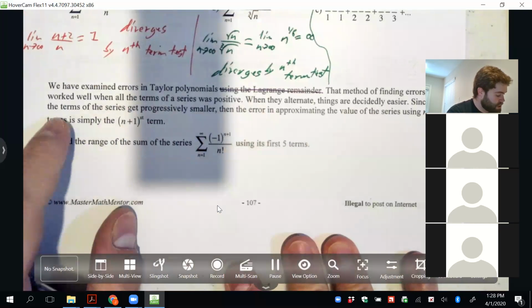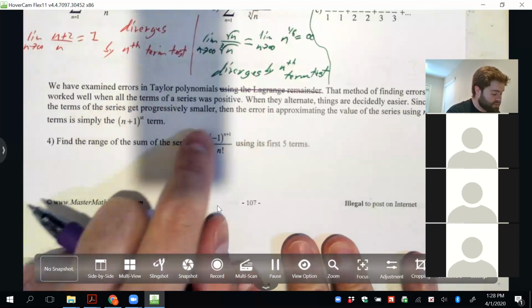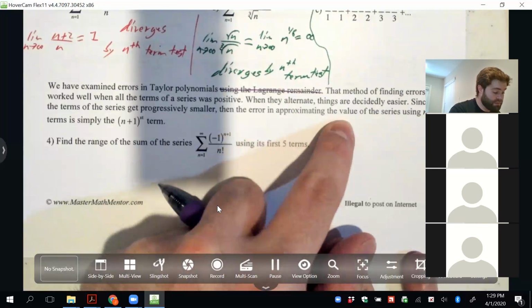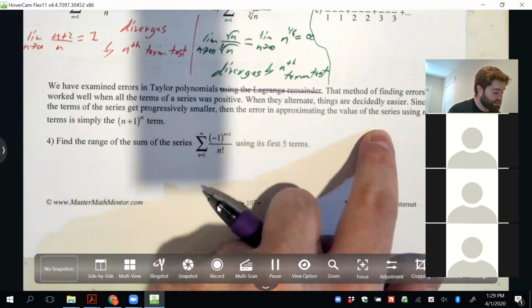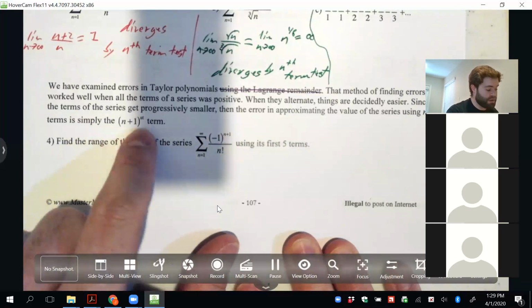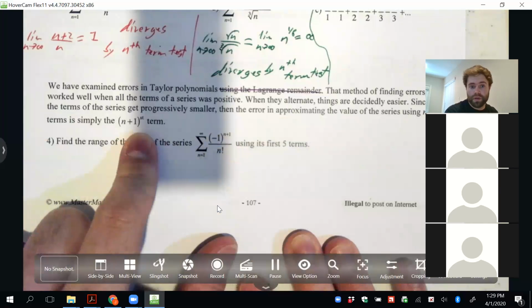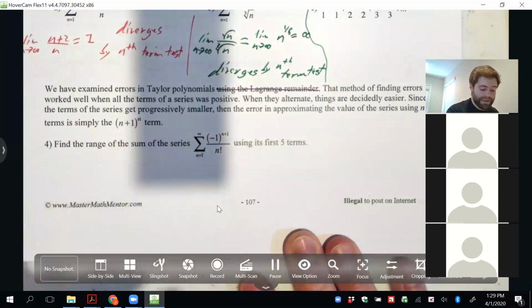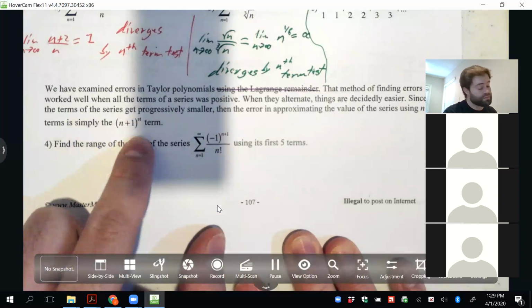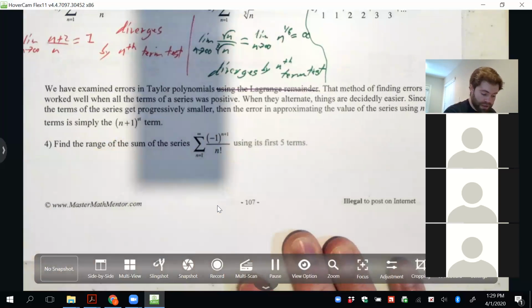So since the terms of the series get progressively smaller, the error in an approximate value of the series using n many terms is just going to be the n plus 1 term. So if we use n many terms, the error between that approximation and the actual sum is just the next term in the sequence, which is pretty easy to deal with.